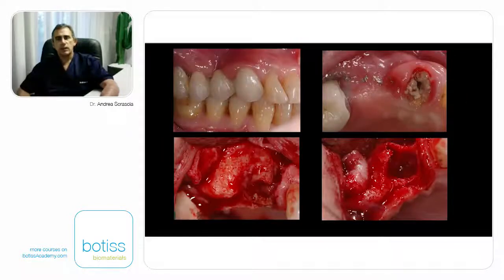Next clinical case: a woman came to me for a fracture caused by an advanced cavity process on 2.3, the main bridge abutment, with bone contraction where the tooth used to be.